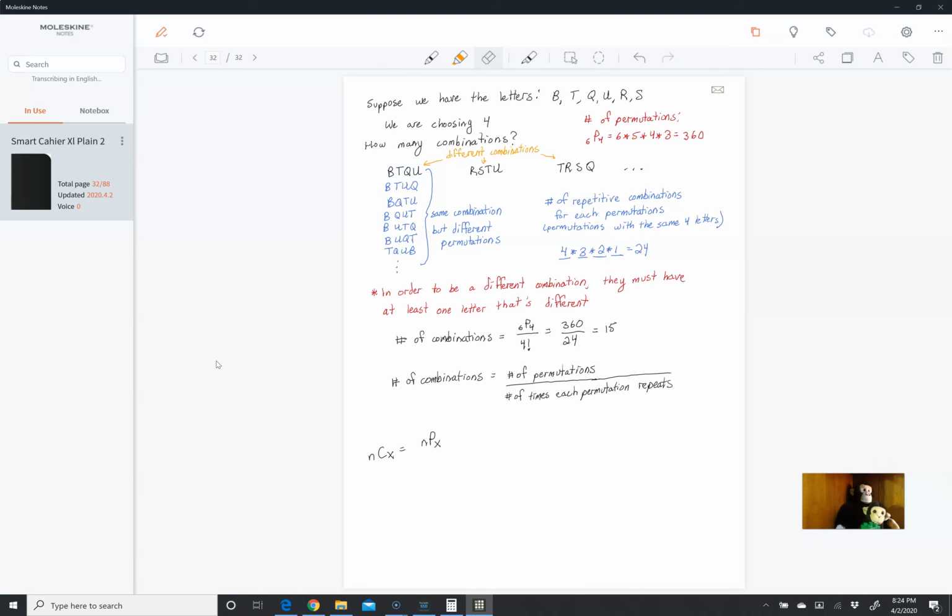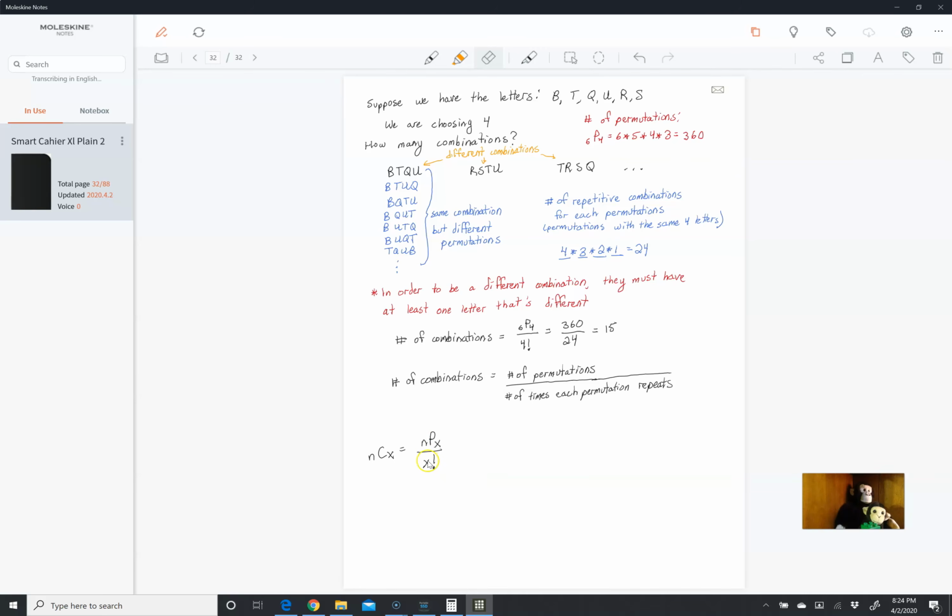So it's NPX over X factorial. Okay, because that's the number of times that each permutation is going to repeat, right? We're using all of the letters in the permutation, which is why we have X factorial and not something like XP something, okay?